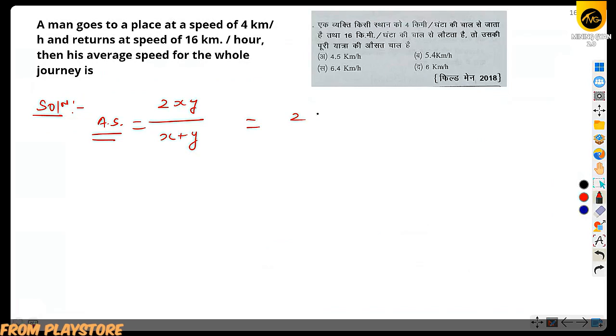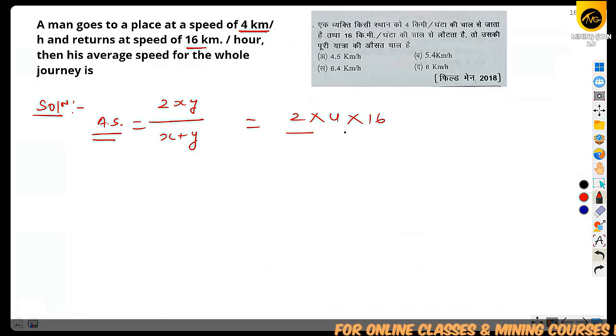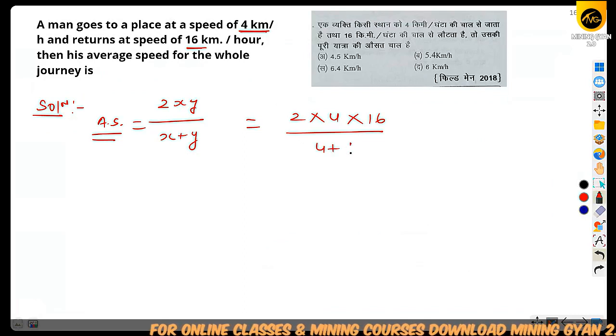So 2 into what is the first speed? In this case, the first speed is 4 kilometer per hour, into the second speed, which is 16 kilometer per hour. So multiply 16, divided by x plus y, that means 4 plus 16.